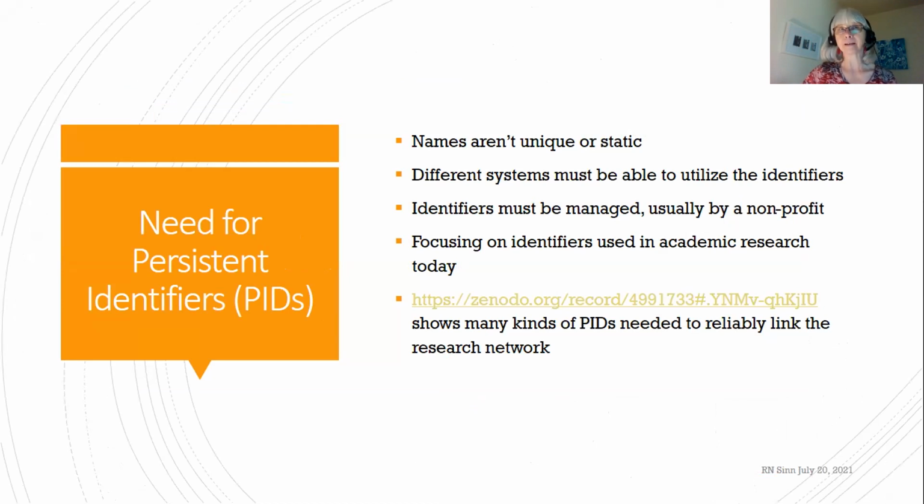There's probably examples where someone has a totally unique name that no one else has ever had, but those are few and far between. So names are not unique and they're not static. People change their names for a variety of reasons, and everybody needs to be able to keep up with that, including the computer systems.